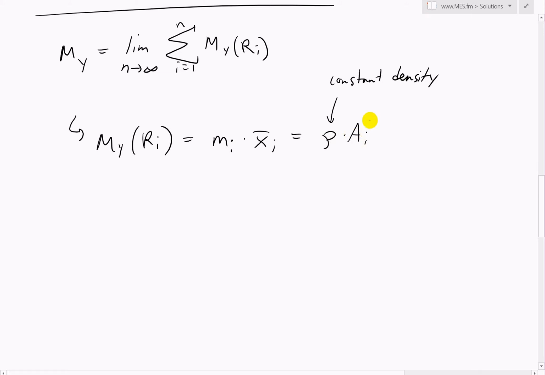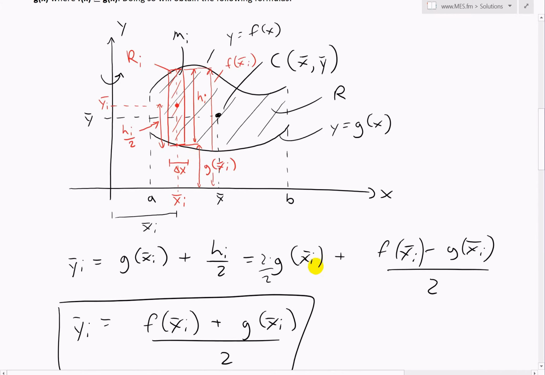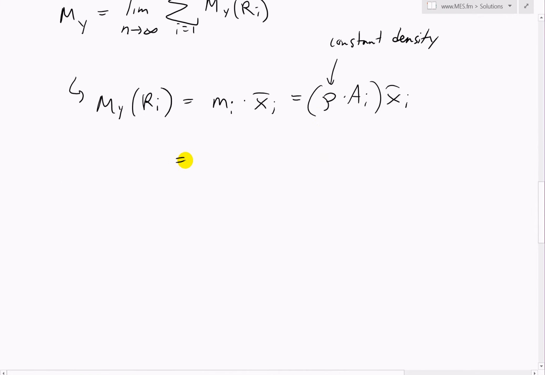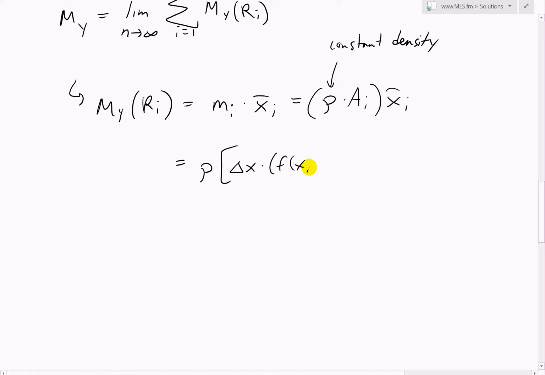And then we multiply this by this again. And now the area of this region, well, the area of this rectangle is simply h_i times delta x. That's just the height times width of the rectangle. So this equals rho, and let's just get the area. Area is going to be delta x times this was the h_i, or simply f of x_i minus g of x_i, like that, times x_i.